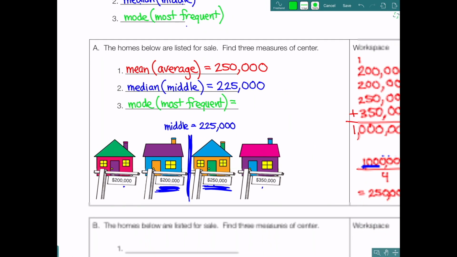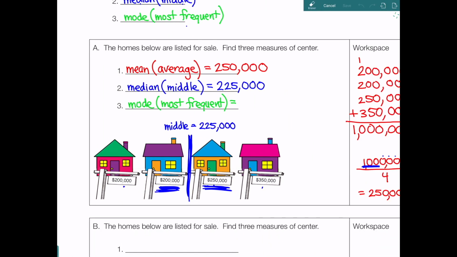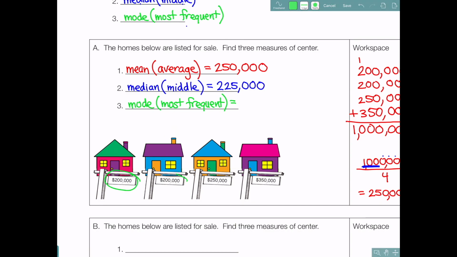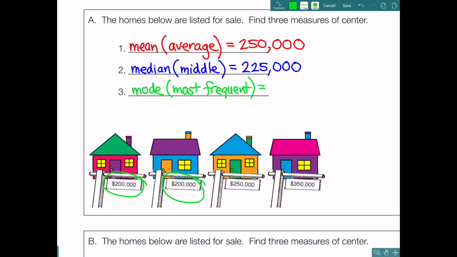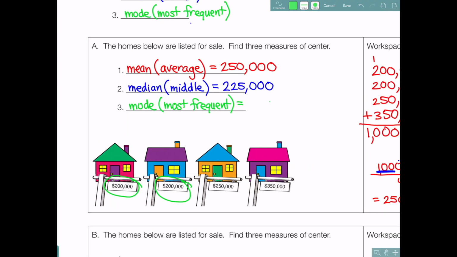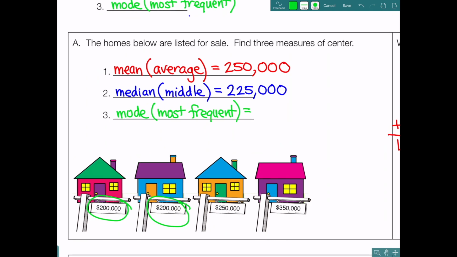Look at all the prices and look for the price that occurs most frequently. You'll see that $200,000 appears twice. That's the price that appears most frequently. So the mode for these four houses is $200,000.